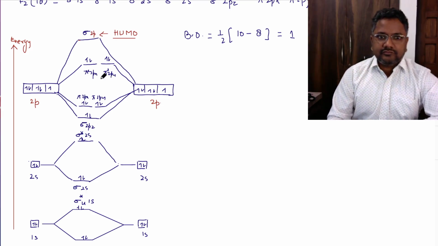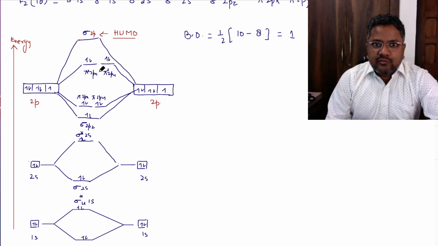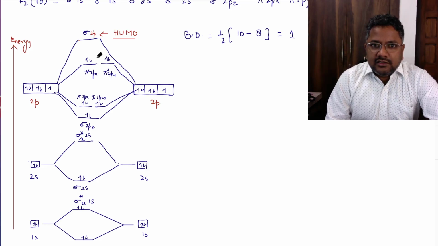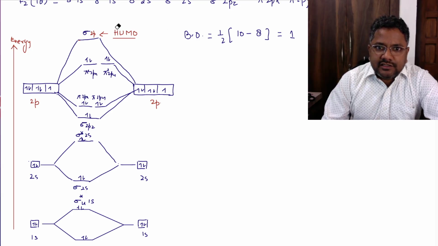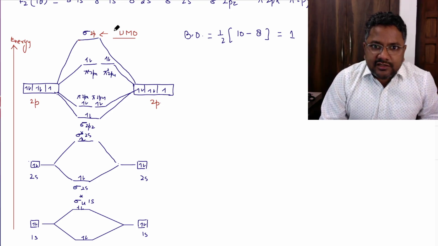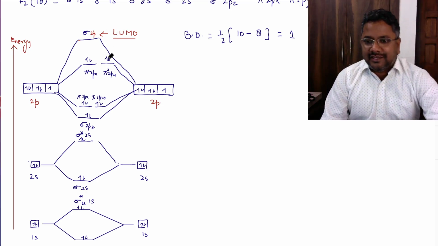Okay. See, this is highest occupied, right? No, wait. One correction is there. This is LUMO, lowest unoccupied molecular orbital, because this could not be highest, because some more orbitals than this may be there.